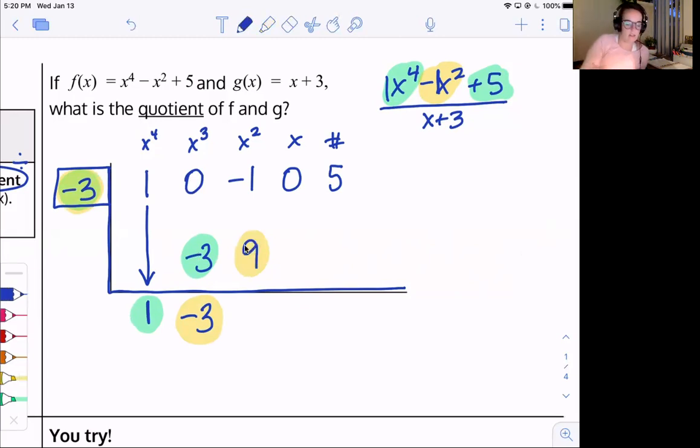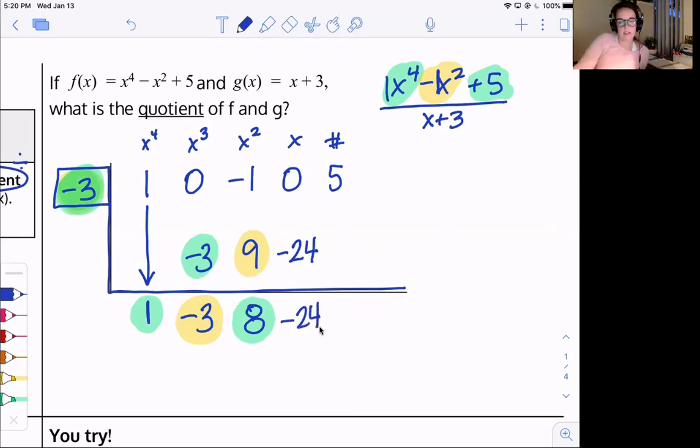So put a 9 right there. I'm going to do negative 1 plus 9, positive 8, like so. All right, so I'm going to take 8 times negative 3. That's going to give me negative 24. And I add 0 plus negative 24 gives me negative 24, like so.